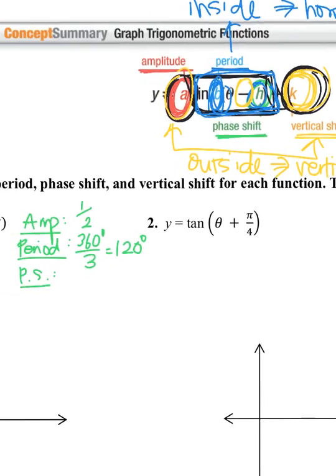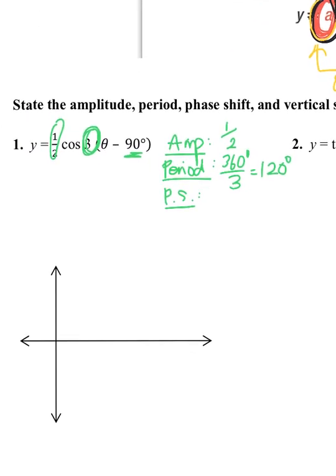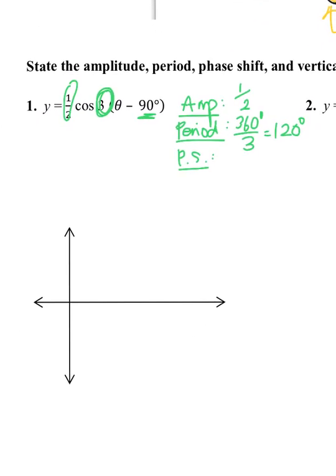So here, h is actually positive 90, which means that we have a phase shift 90 to the right. Okay, make sure you specify the direction. And vertical shift, I'm going to label that VS. Nothing is being added or subtracted outside the function here, so there is no vertical shift, so I'm just going to write none.